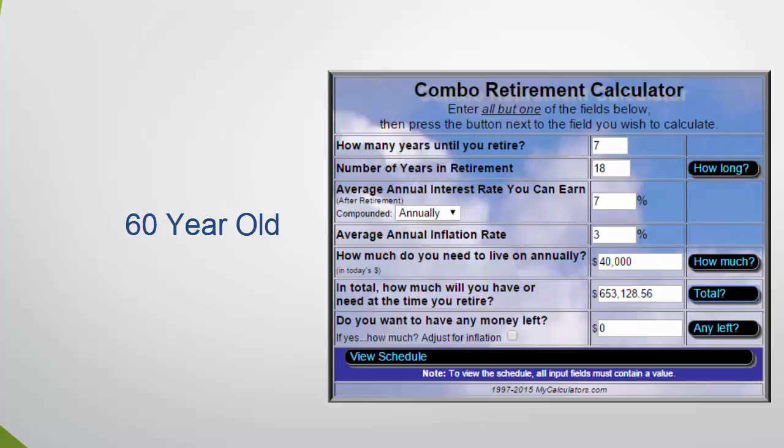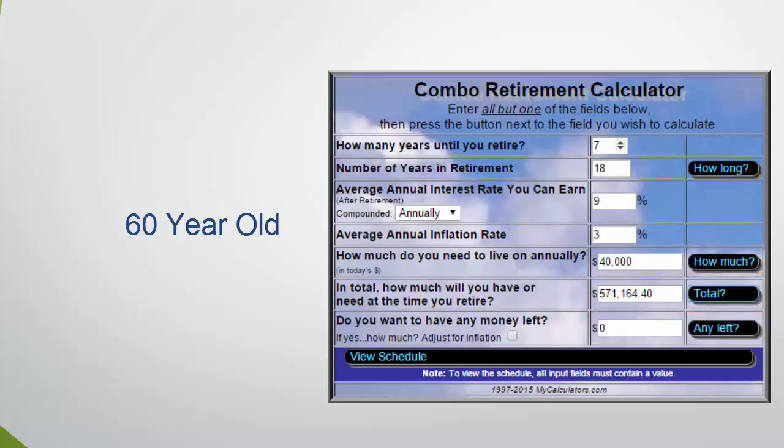What can we do? Well, okay, maybe we can earn a higher interest rate. So let's assume that they can actually earn 9% interest on their accounts during retirement. So that goes from $653,000 that they need to accumulate to now $571,000. It's starting to get much more doable for them.